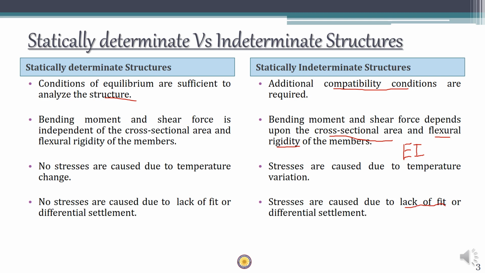Lack of fit is a production problem. For example, when you are manufacturing a truss, if the length of a member is slightly more than the required length, you will have to force it to fit the required dimension. This will induce some additional stresses during construction.